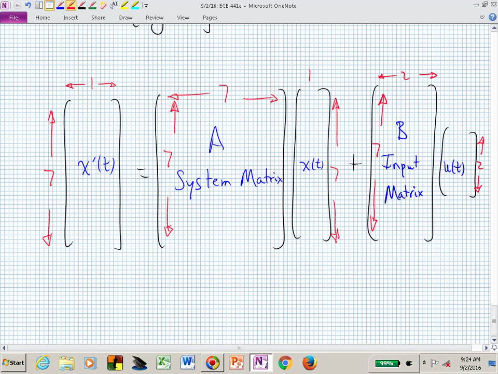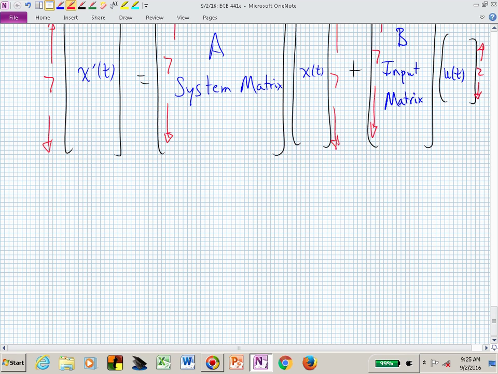So we now have 49 plus 14, 63. So now we have 63 entries in this description of our system. A lot of those might be zeros, but we have to identify where those are. What about the output equation?